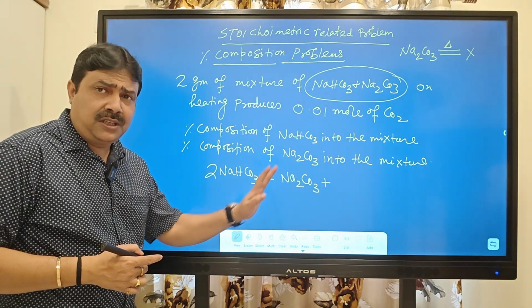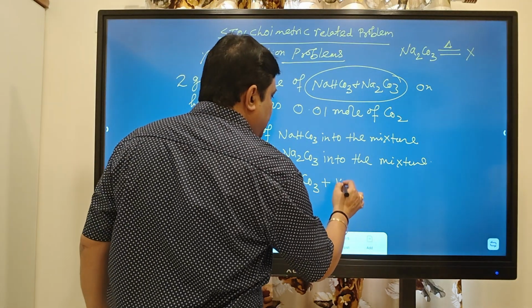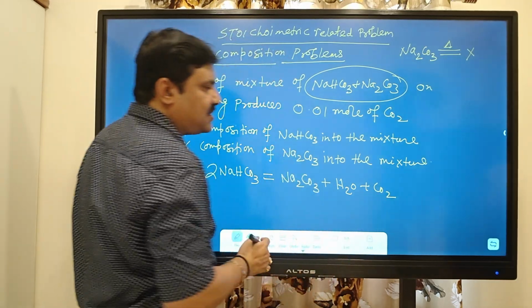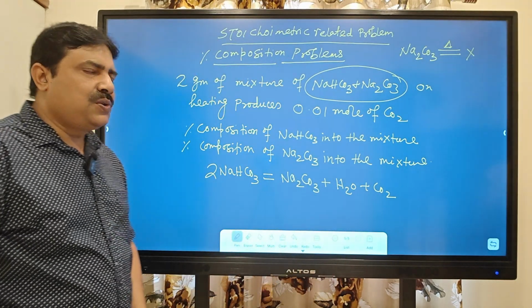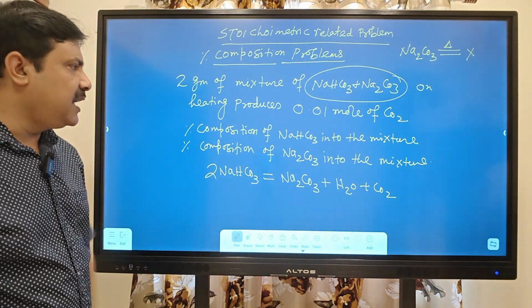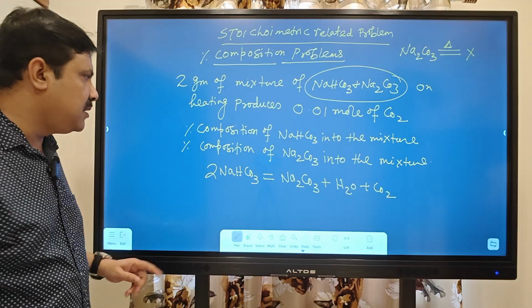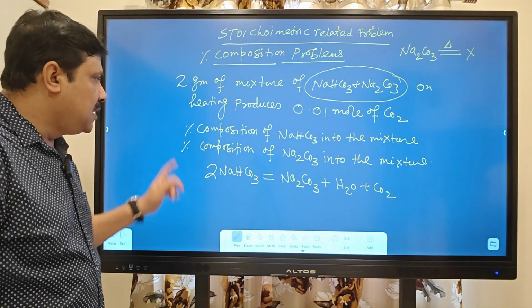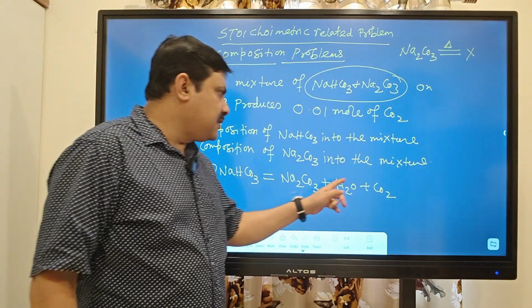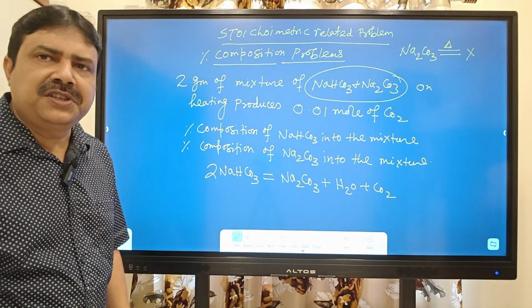That means H2CO3, and H2CO3 we always write as H2O plus CO2. They are a little unstable and easily dissociate into H2O plus CO2. So on dissociation, everything is balanced: 2 sodium, 2 sodium, 2 carbon, 2 carbon, 2 hydrogen, 2 hydrogen, 6 oxygen atoms, 3 plus 1, 4 plus 2, 6. Everything is balanced.